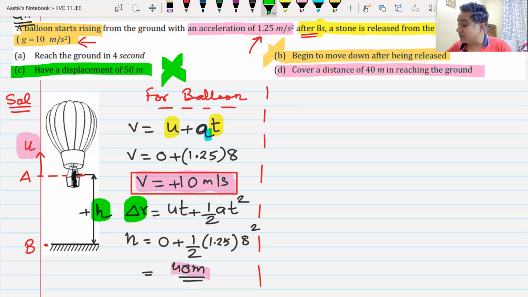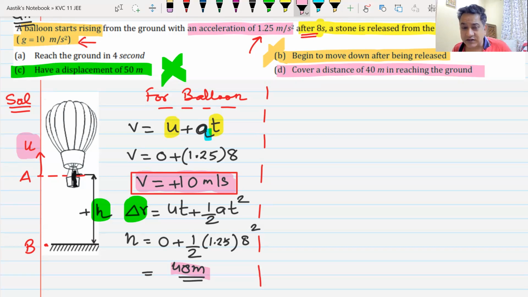Let us look at the fourth option. Cover a distance of 40 meters in reaching ground. Does it cover a distance of 40 meters? It will first go up, then come down. No, sir. It first goes up, then it comes down.